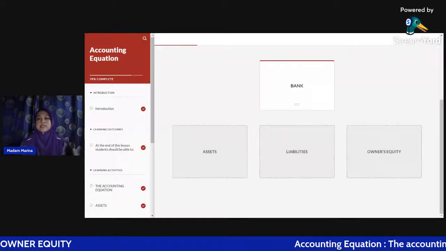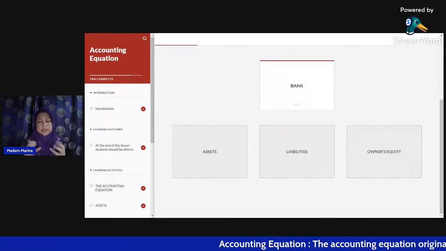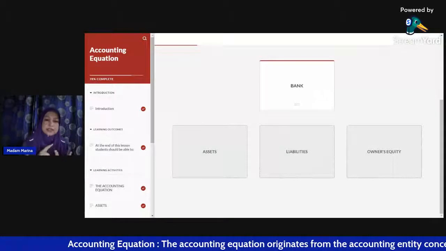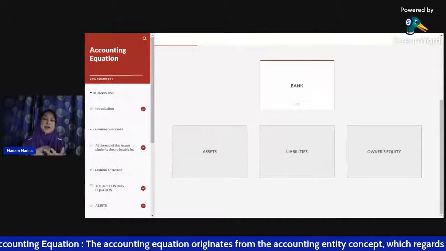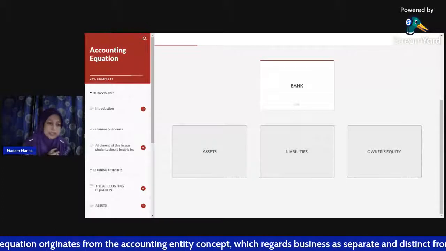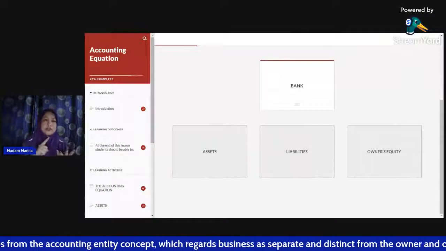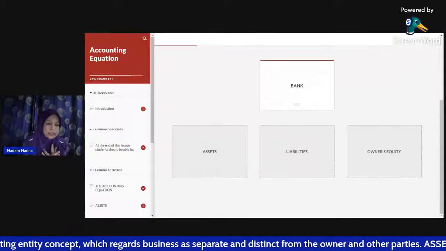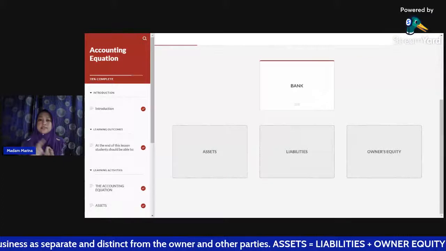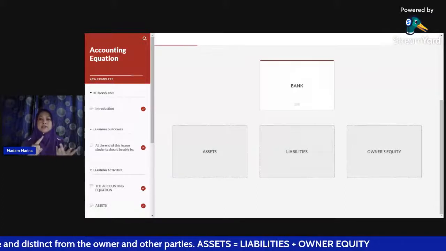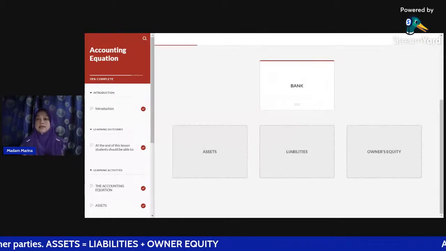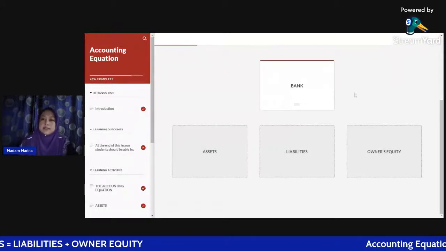The basic accounting equation is assets equal to liability plus equity. Assets are categorized into two categories: non-current asset and current asset. Same goes to liability: non-current liabilities and current liabilities. So asset equals liability plus equity. That's the conclusion for this class. Thank you. Assalamualaikum.